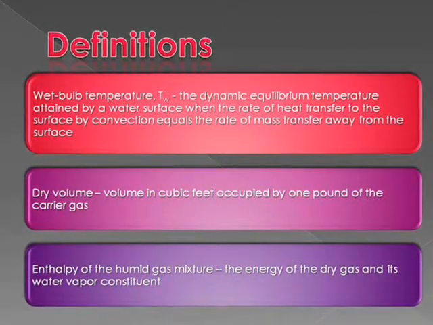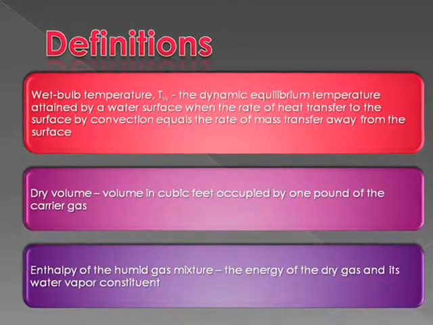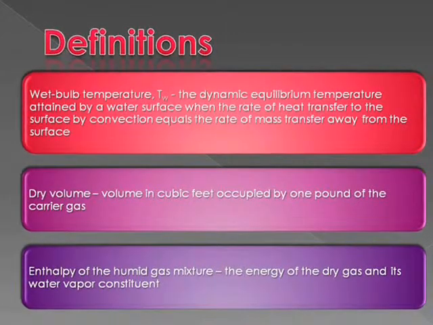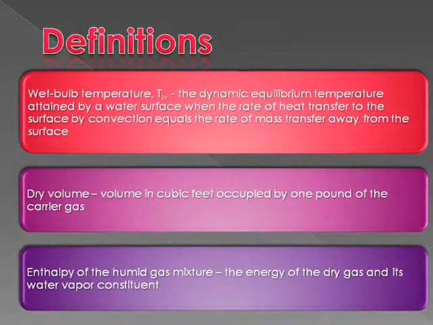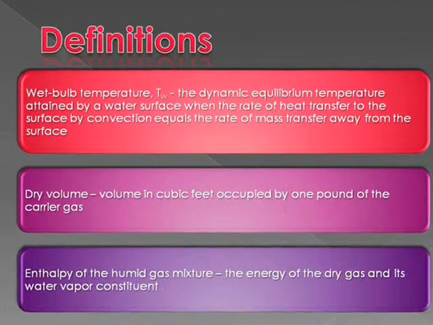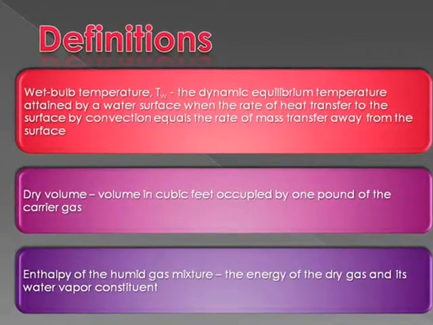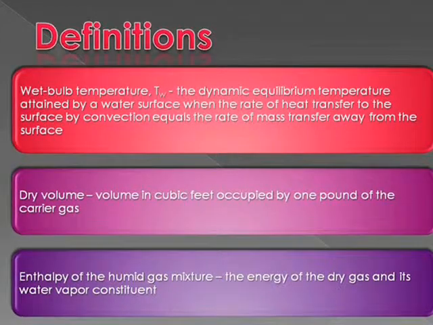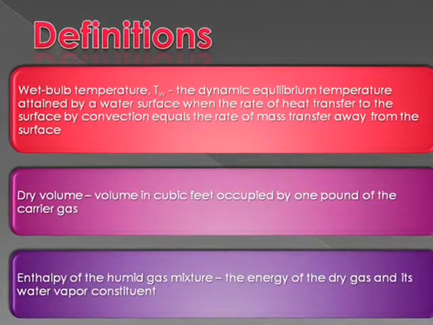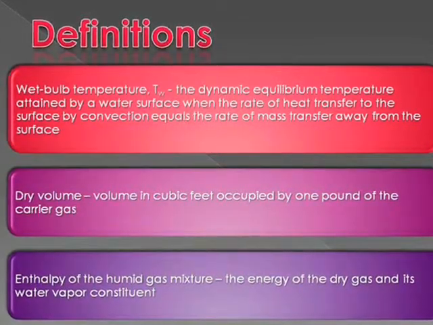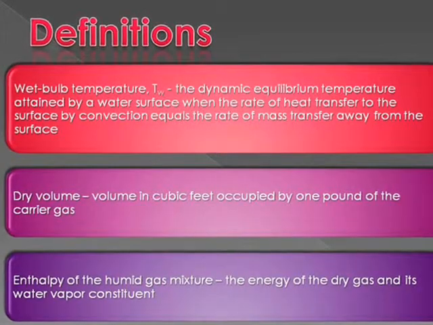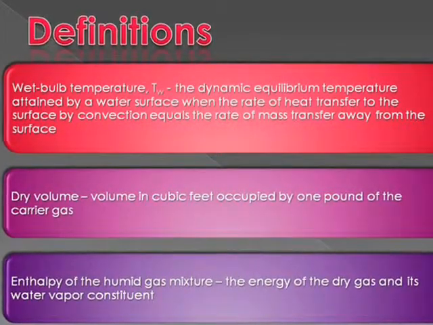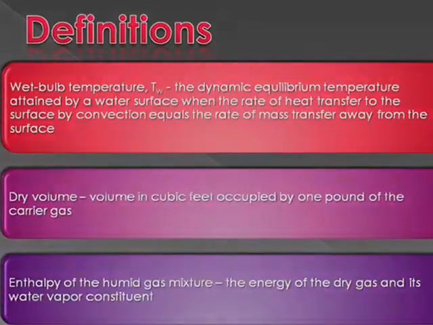The dynamic equilibrium temperature attained by a water surface when the rate of heat transfer to the surface by convection equals the rate of mass transfer away from the surface. Dry volume. Volume in cubic feet occupied by 1 pound of the carrier gas. And the enthalpy of the gas mixture is the energy of the dry gas and its water vapor constituent.